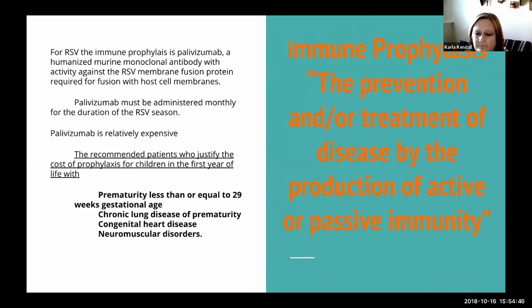The immune prophylaxis is palivizumab, a humanized monoclonal antibody with activity against the RSV membrane fusion protein required for fusion with host cell membranes. It has to be administered monthly for the duration of the RSV season.